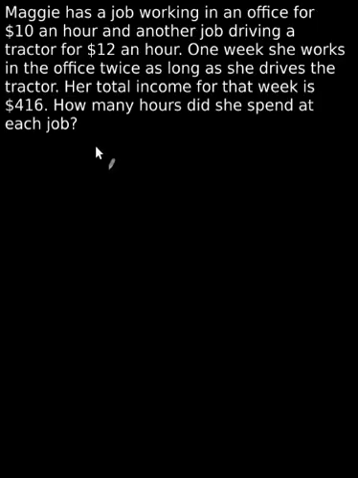Okay, so we start with what we're looking for, right? What am I looking for? How many hours did she spend at each job? So we're going to denote one of the unknowns as the office hours, and the other one will be the tractor hours.